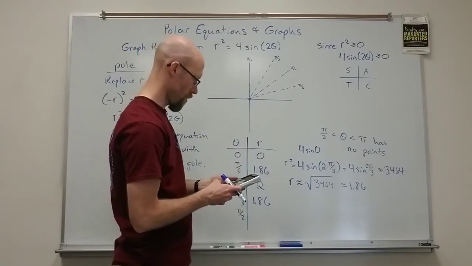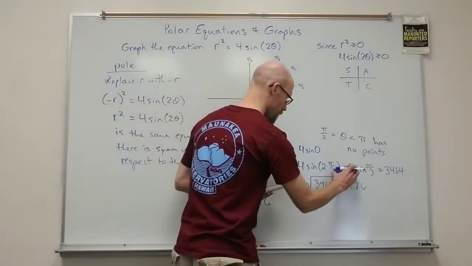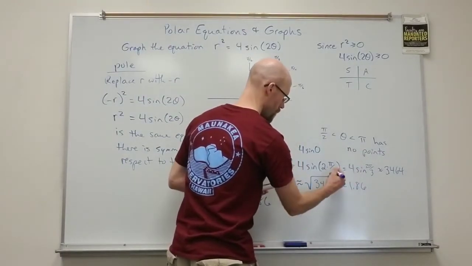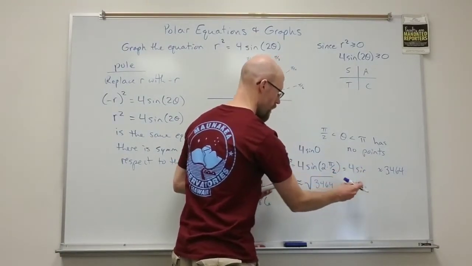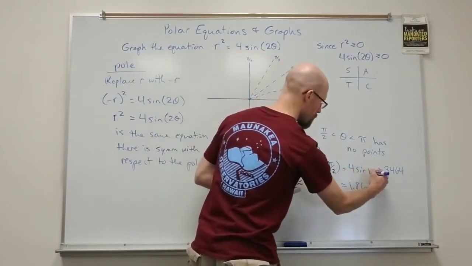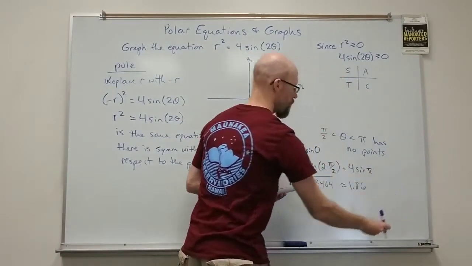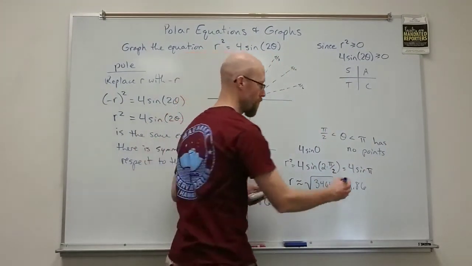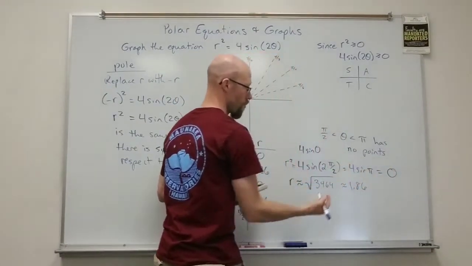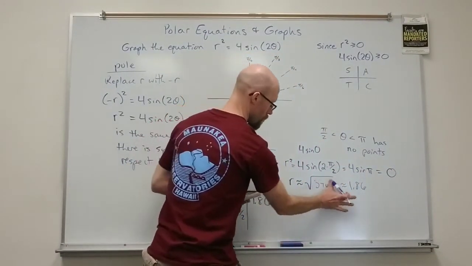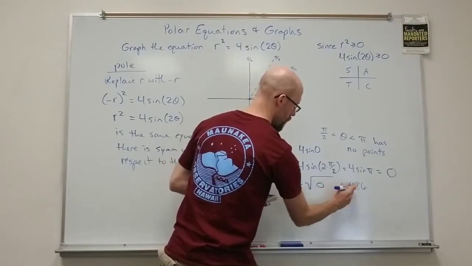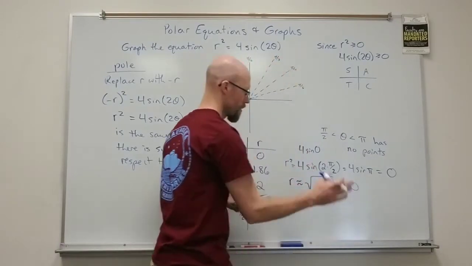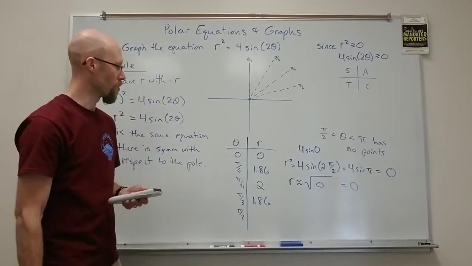And then let's try that pi over 2 angle. So we go through the same process now with pi over 2. And of course my angle then, 2 times pi over 2, is just pi. The sine of pi is 0. So 0 times 4 is 0. And of course the square root of 0 is 0. So we're going to be at the origin there.